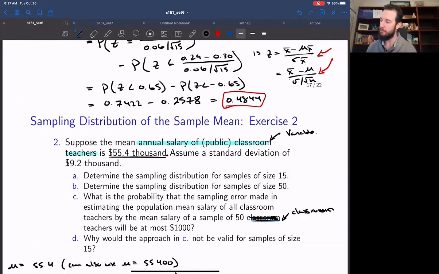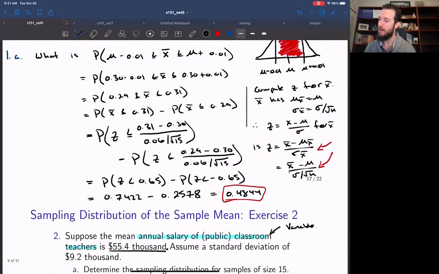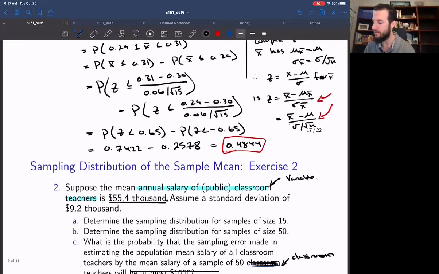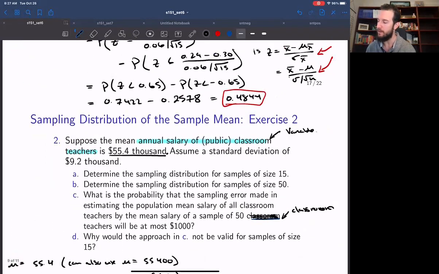Okay, so this problem, part C, is a particularly tricky problem because the wording, when you read it, is kind of like, what do you want from me exactly? But this question is actually exactly the same as part A from the previous illustration. So this is just asking us, what is the probability that for samples of size 50, our sample mean, X bar, is going to be within $1,000 of the true mean.